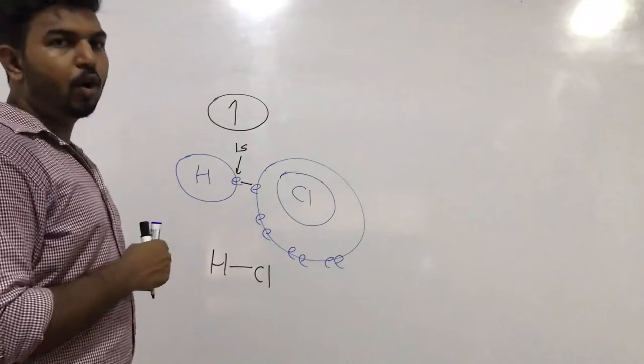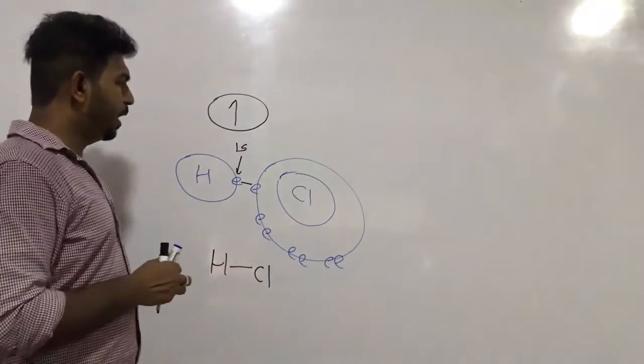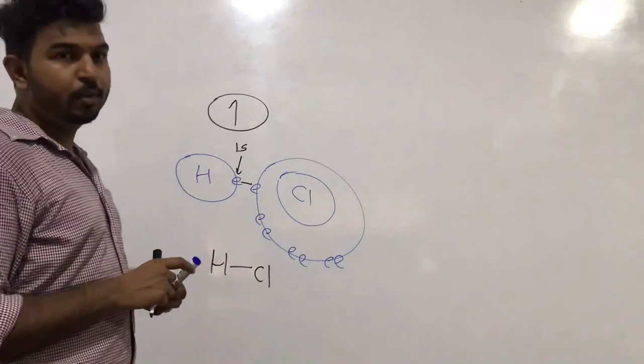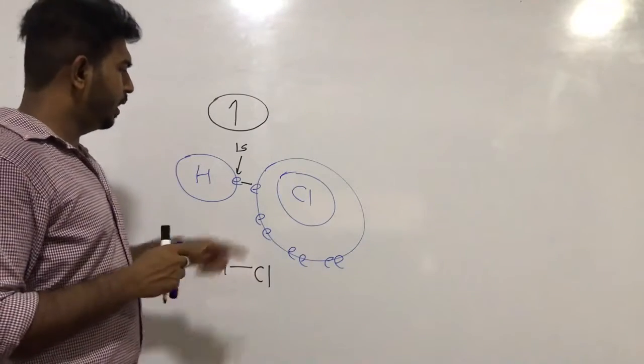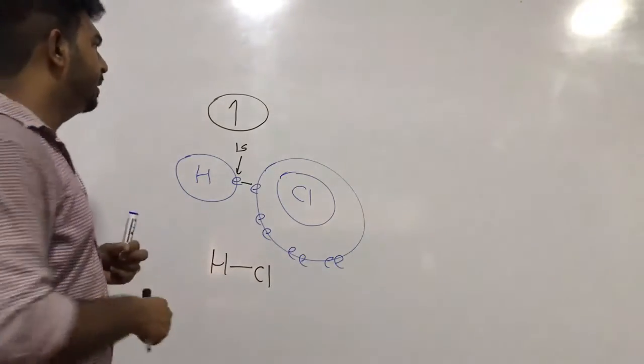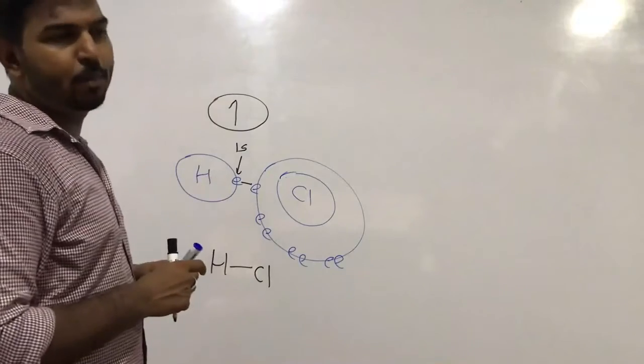What is the orbital of chlorine? Its electrons are in a p orbital.